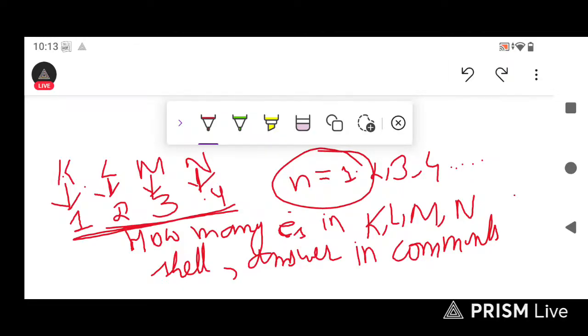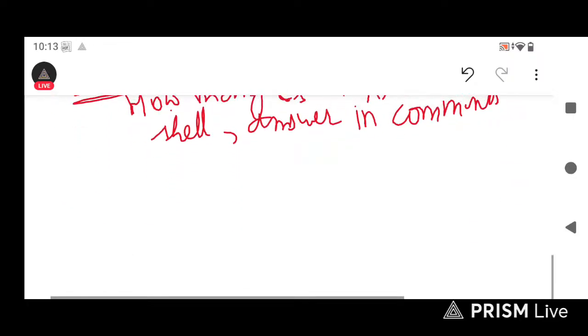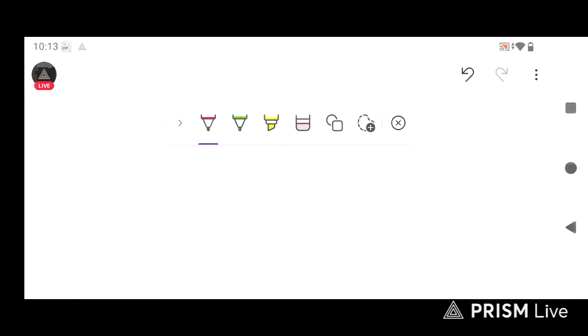Now I will show you the exact number of electrons in K shell, L shell, M shell and N shell through the formula. So here is the formula: 2n square.